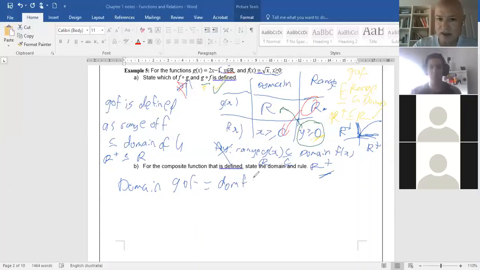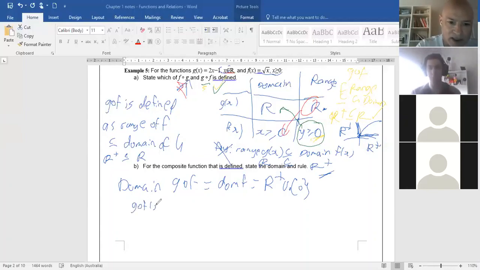In this case, the domain of F, I won't write it as x being greater than or equal to 0, I'll just write it as reals positive, including the 0. And then it says, state the domain and the rule. Okay, so I better write the rule down. I thought I worked out the rule, but obviously I haven't.